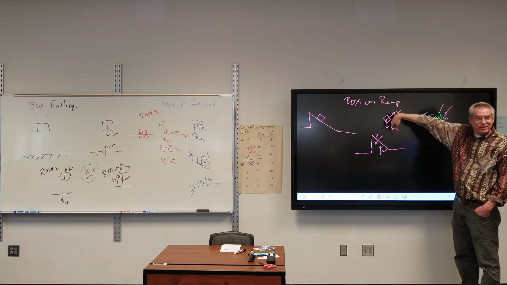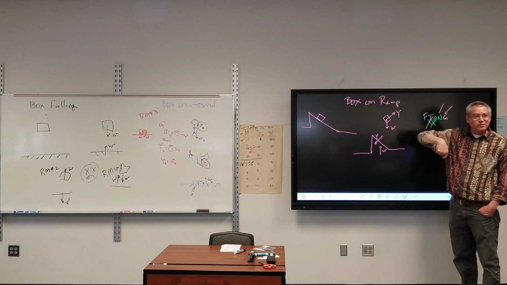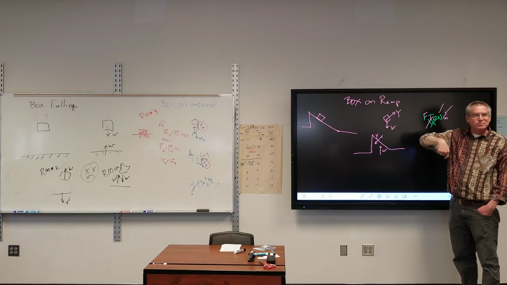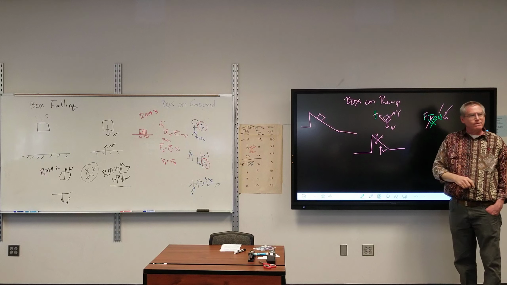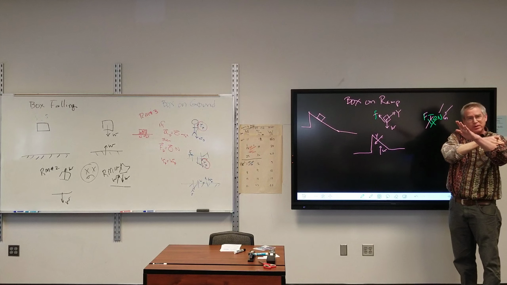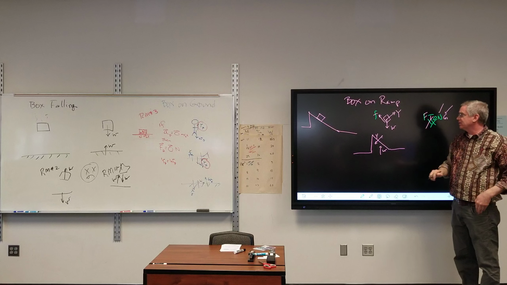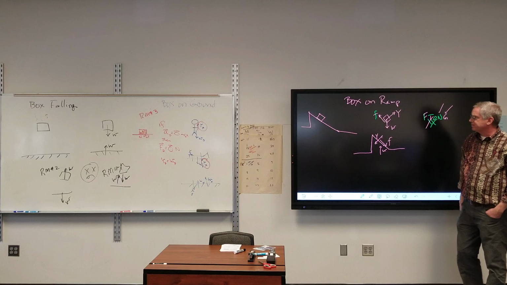I thought it was going to be on the actual ramp. Well, there will be one on the ramp and one on the box. It would be on the box, since it's opposing the direction that the box would go. Yeah, the box wants to slide relative to the ramp. The box wants to slide down the ramp, and so it's going to act up the ramp on the box, and then down there on the ramp.